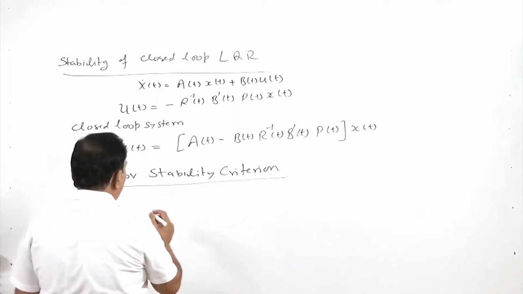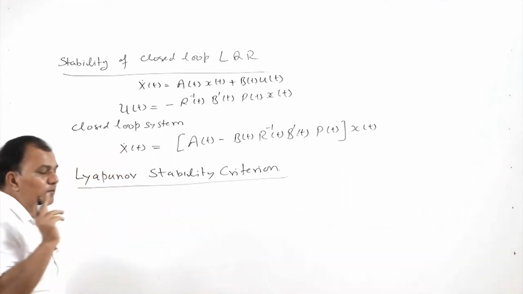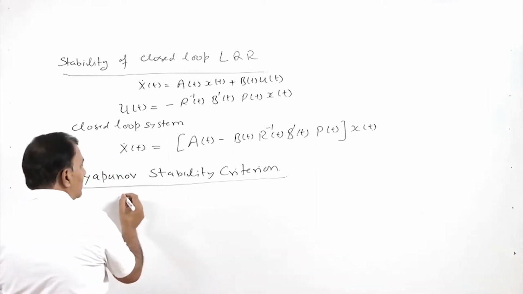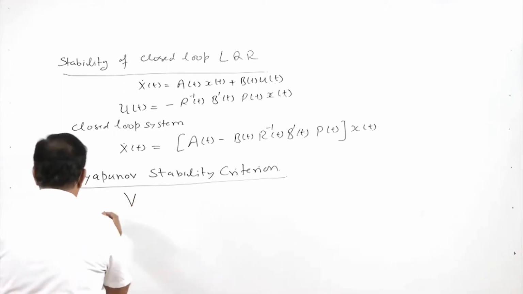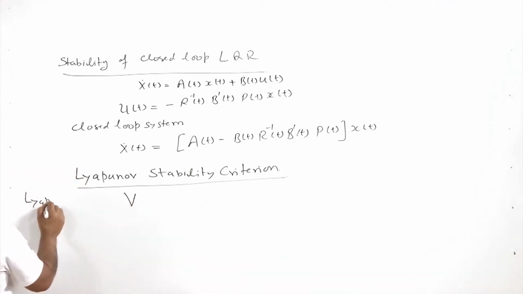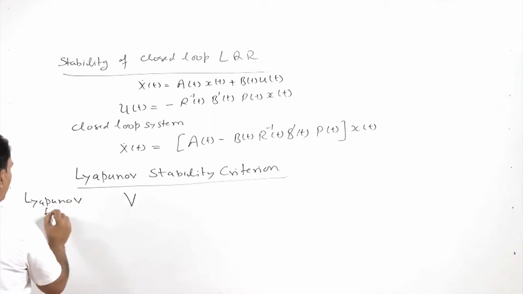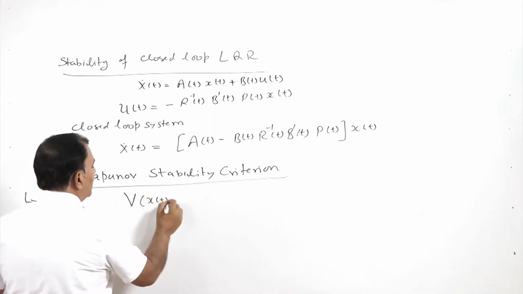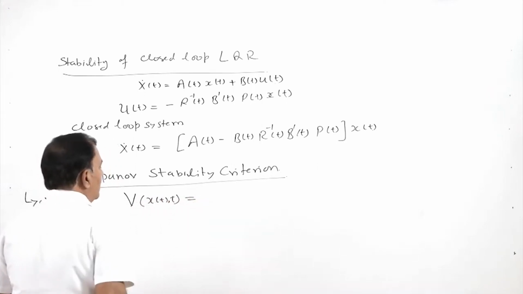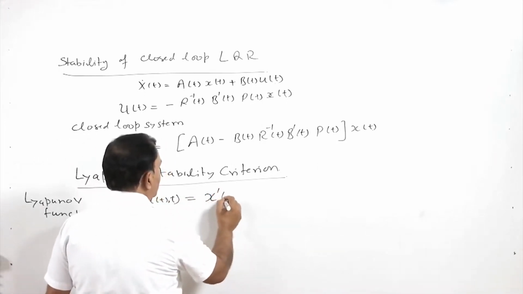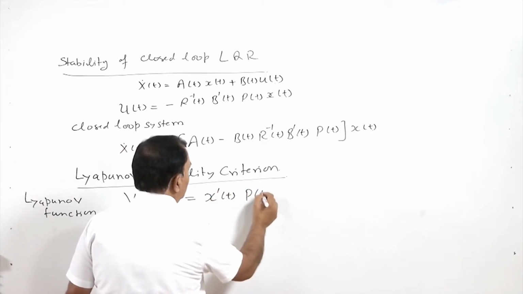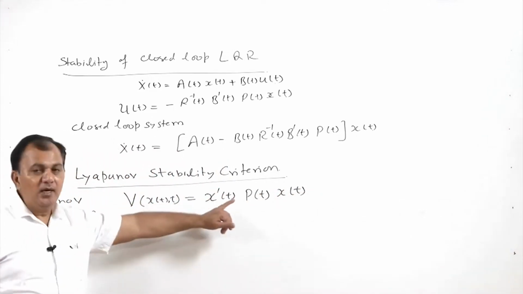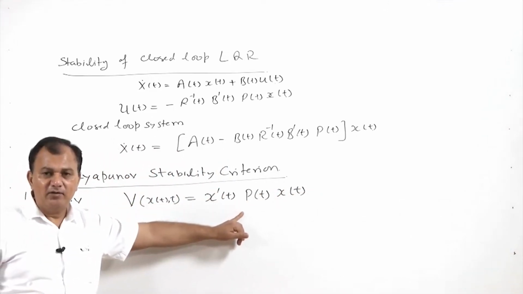The direct approach of Lyapunov we can apply, in which first of all we have to define my Lyapunov function. I can take my Lyapunov function as V(x(t), t) equal to x transpose(t) P(t) x(t), because P is a symmetric positive definite matrix.